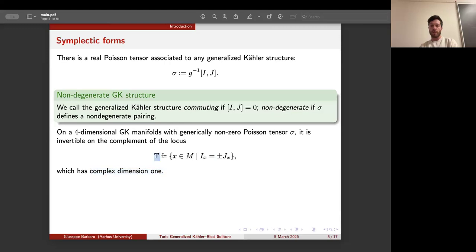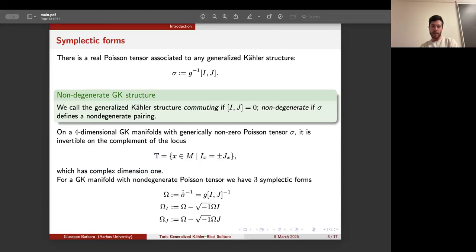So the complement of this is an open dense subset in our manifold where sigma is non-degenerate. The inverse of sigma gives a symplectic structure omega, and we can cook up two other symplectic structures, omega I and omega J. So we have these three symplectic forms.